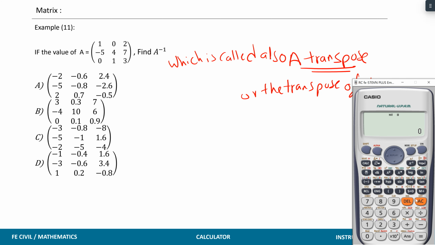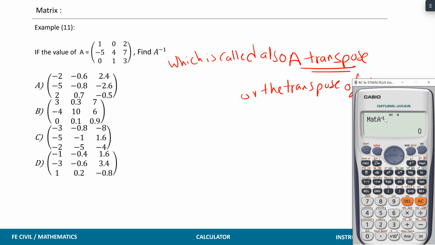I'm going to press AC, and then press shift matrix, A, number 3, and you can see here the variable raised to the power -1. You can press that.